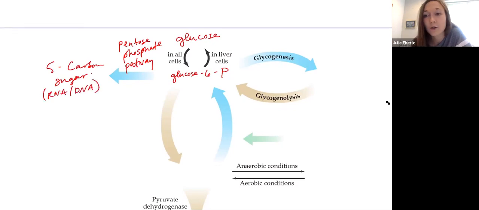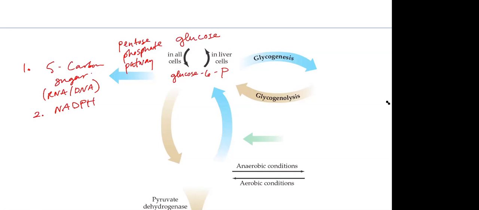But the one pivotal thing that is really good to remember is we can also produce NADPH from this pathway. So this would be the first thing and this would be the second thing. Now, what is NADPH? It's a coenzyme.